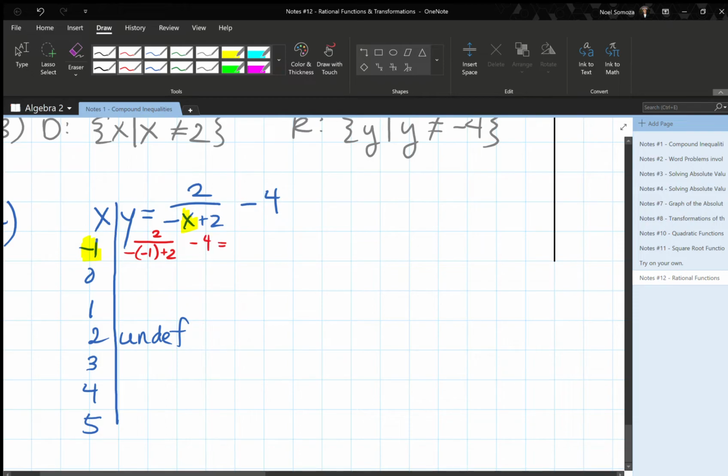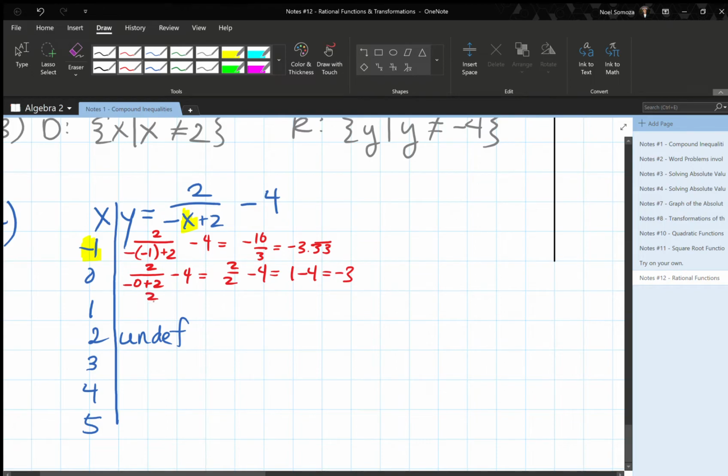When I clean all of that up, I'm going to get negative 10 over 3, which is the same as negative 3.33, and it keeps repeating. Now let's plug in 0. So 2 over negative 0. Again, there's no negative 0. It's just 0 plus 2, minus 4. When I clean all of that up, that becomes 2 over 2 minus 4, which is 1 minus 4, which gives us negative 3.